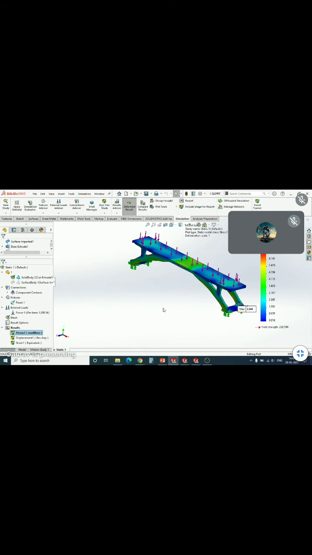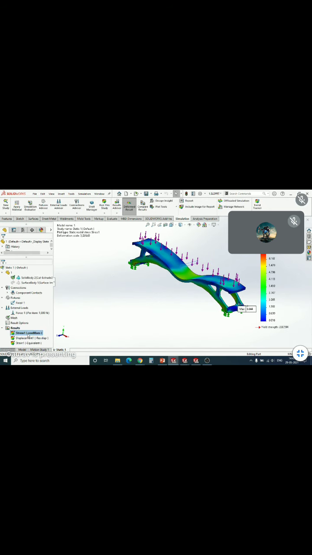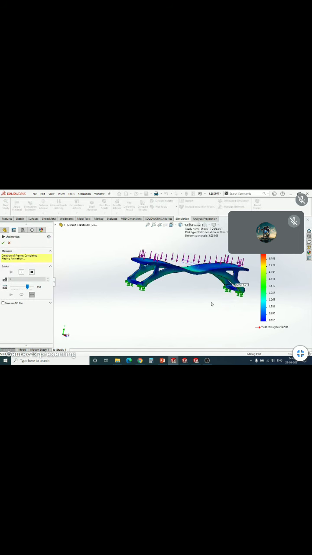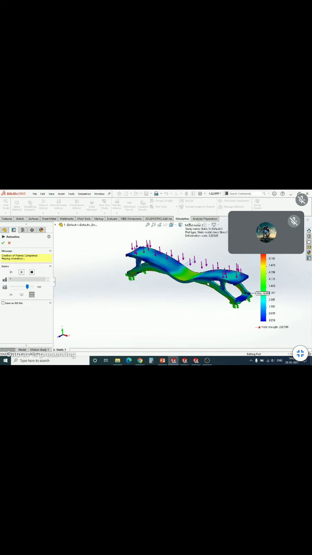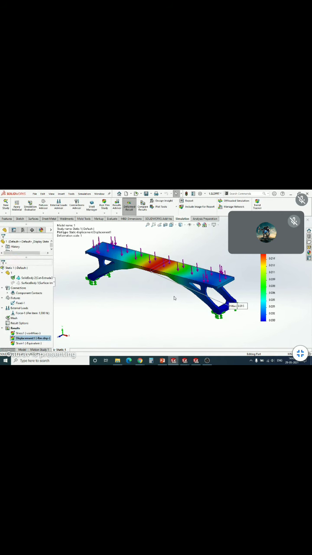Correct? So this is my topology optimization. The software will itself decide what should be the correct shape of my product so that it will withstand the loading criteria. Correct? So this is just an exaggeration of the results. 3000 times I have exaggerated the results, or the displacement, which is very negligible in this case.